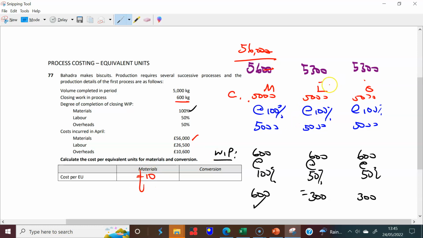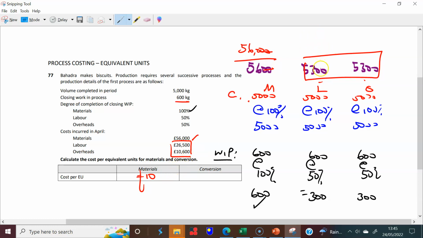In terms of conversion, we have 5,300 units complete for both labor and overhead. So you might as well just add these together and divide by 5,300, or you could do them separately. It doesn't matter, but it makes sense to add them together.